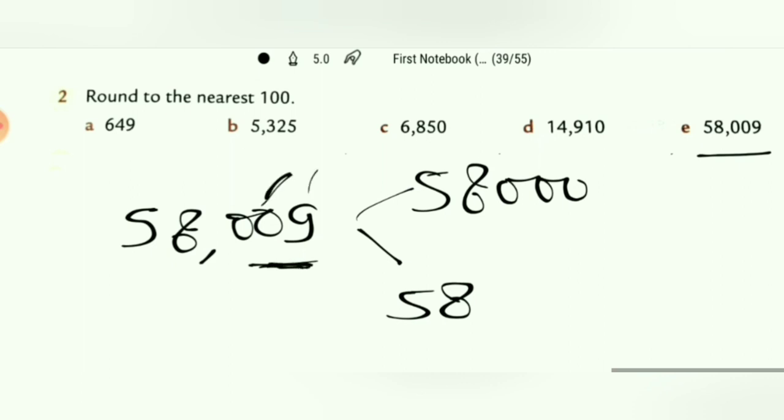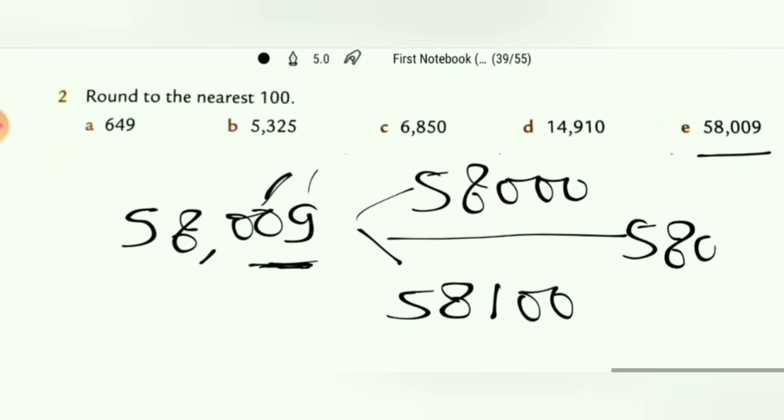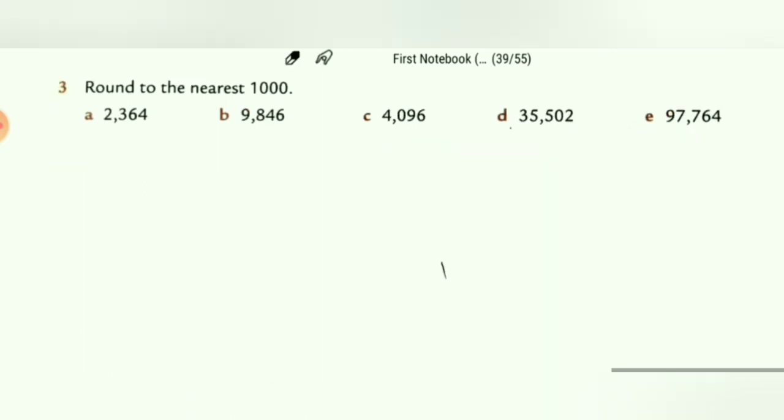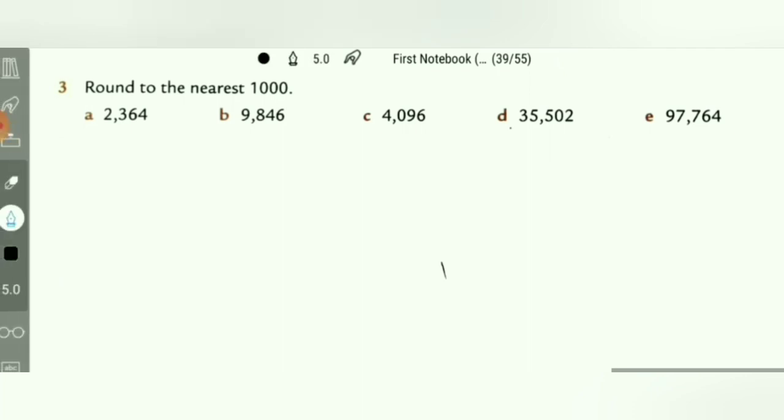So the in-between number is 58,050. Our number is less than this number. So the answer is 58000. Round to the nearest 1000.